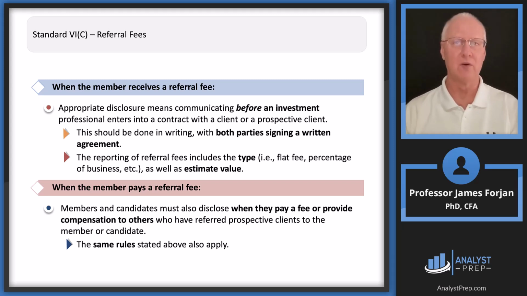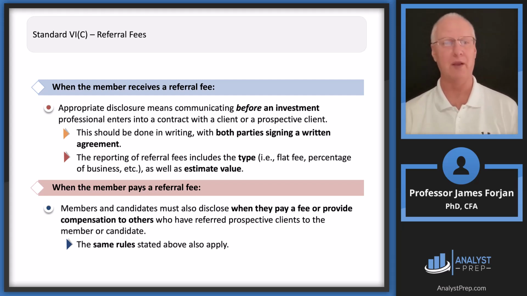And be specific, right? What did we learn in a previous slide? It said something like in plain language. So if we're going to get a flat fee, let's suppose we get $10,000 for this, we need to make sure that 10,000 or 2% or whatever that is. Now, sometimes we have to estimate the value, and that's okay. We can use the Black-Scholes-Merton option pricing model.